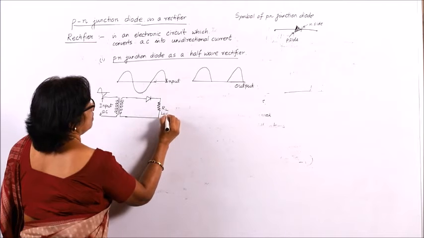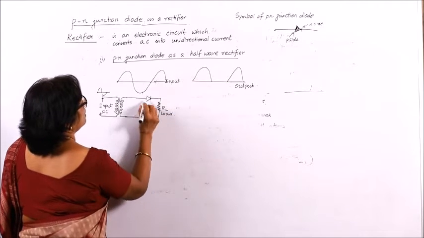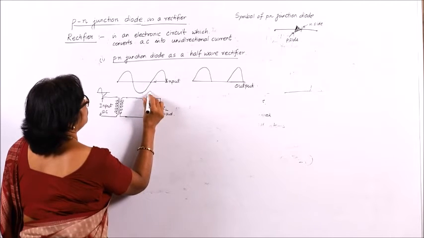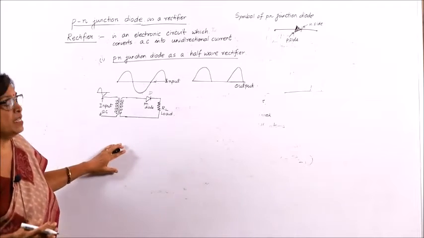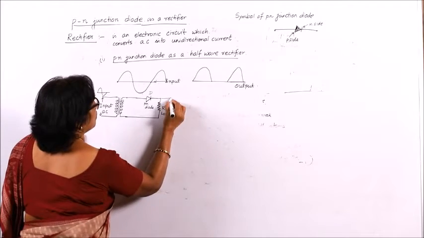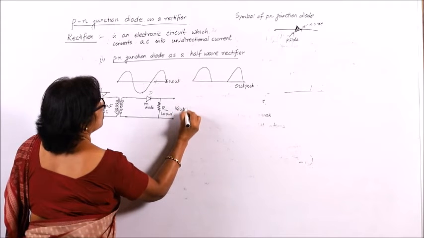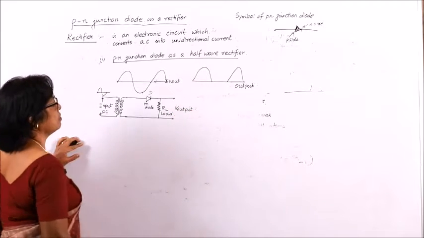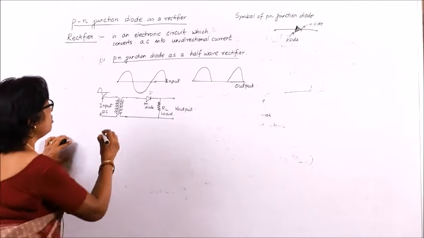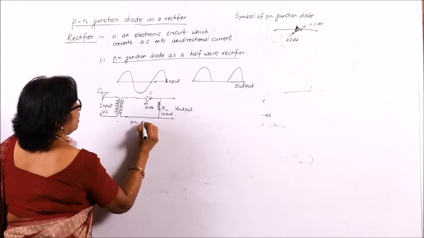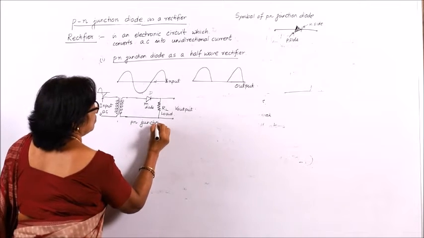This is my PN junction diode, D. This is a simple circuit and you take the output from here. How does this work? So, this is the circuit of a PN junction diode as a half wave rectifier.